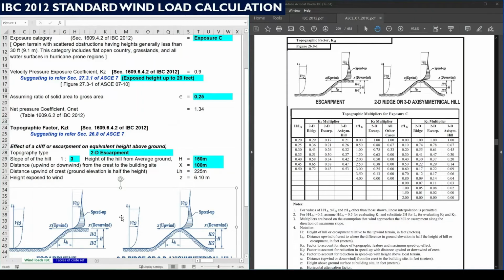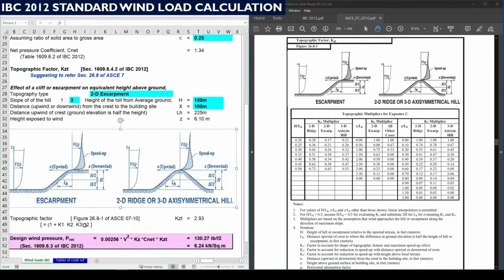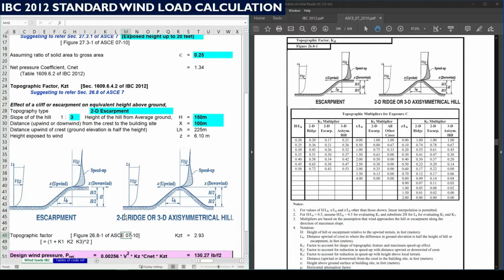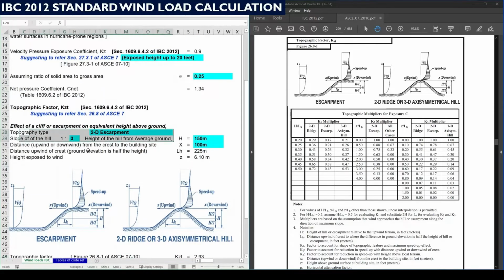This picture, shown in the Excel sheet, covers escarpment, 2D ridge or 3D axisymmetrical hills. We are going to consider that our project location has a 2D escarpment with a hill slope of 1:3. The height of the hill from the average ground is 150 meter.